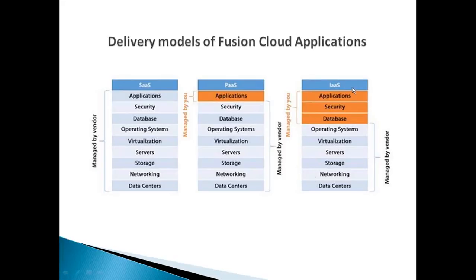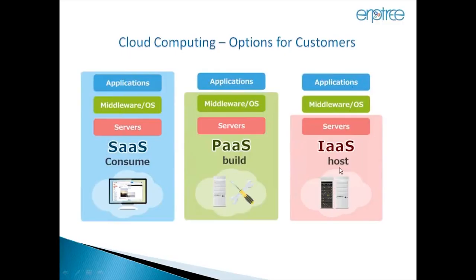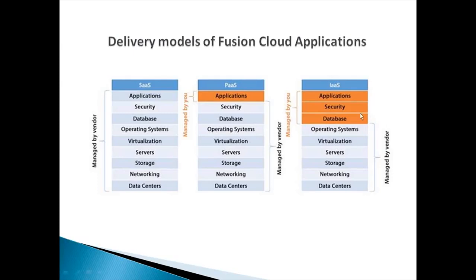If you go with the IaaS model, as we discussed, it is just a hosting service. You can take the hosting from a cloud computing company and install any product. But when we talk about the same IaaS model with respect to Oracle, here it's slightly different.